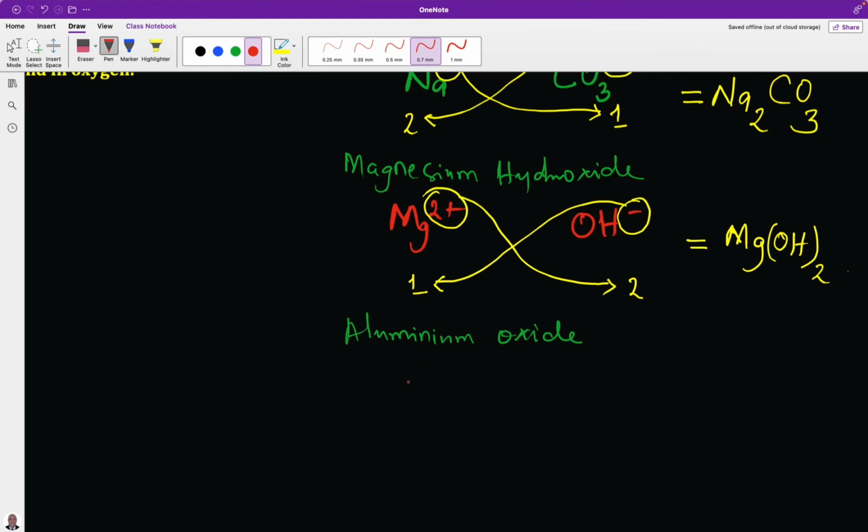We now have aluminum, which is Al3 plus, and oxide is oxygen, which is 2 minus.